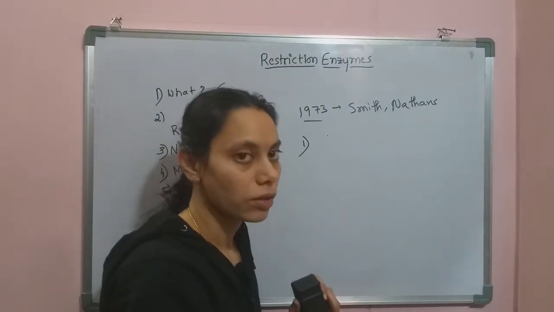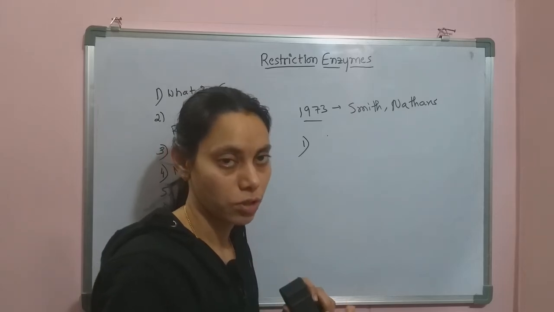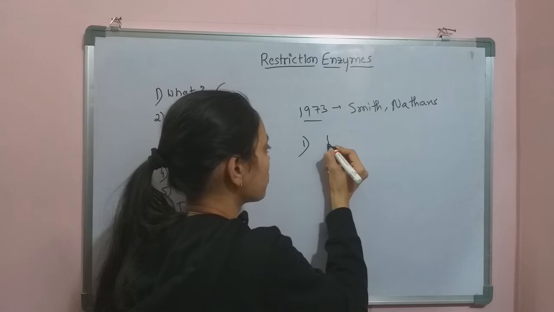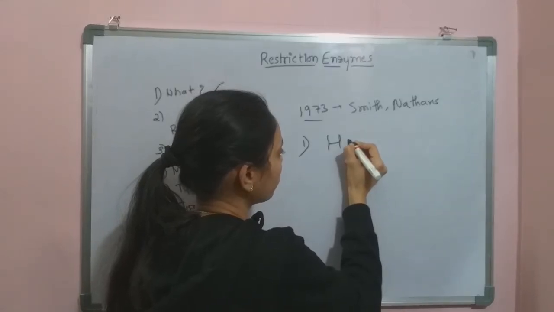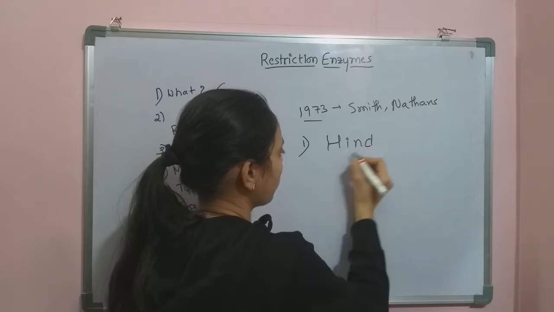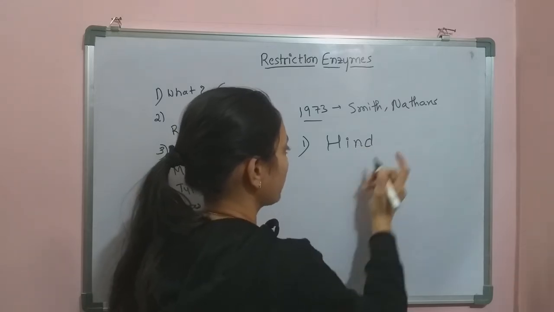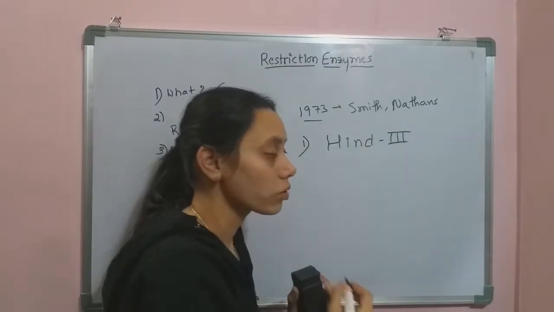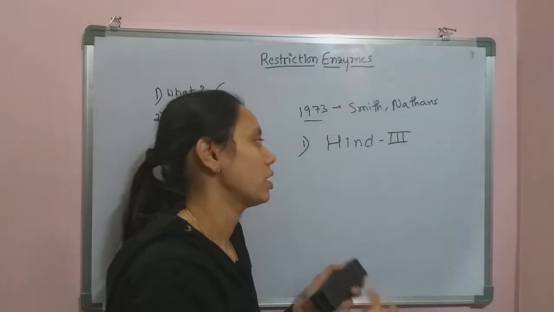Let us consider a popular restriction enzyme to understand the nomenclature rules. HindIII is one of the popular restriction enzymes.